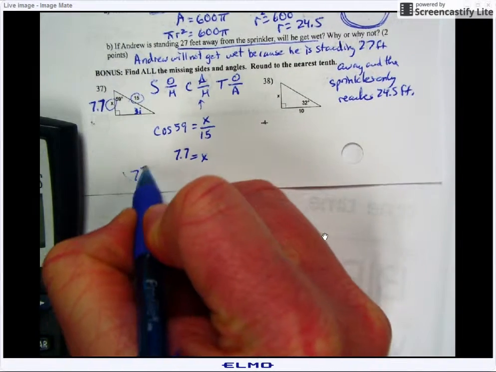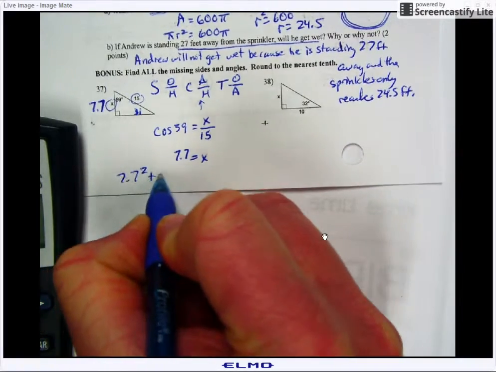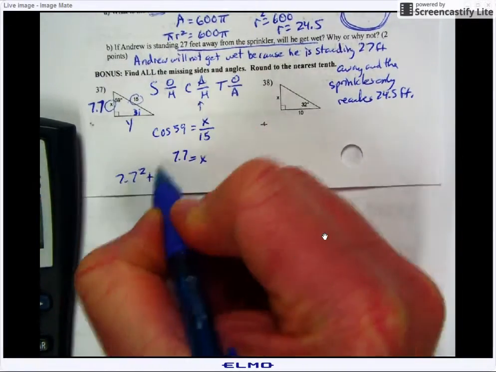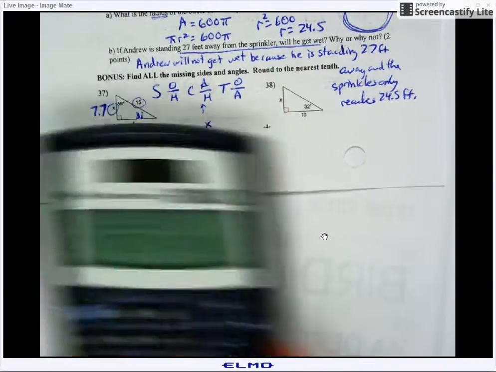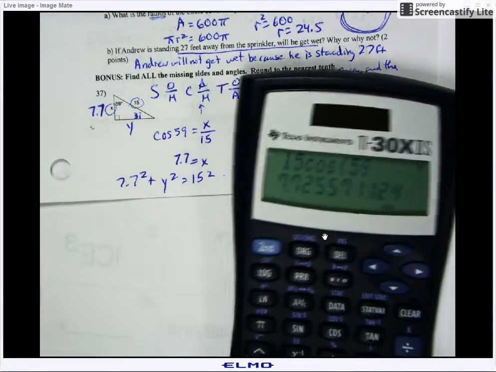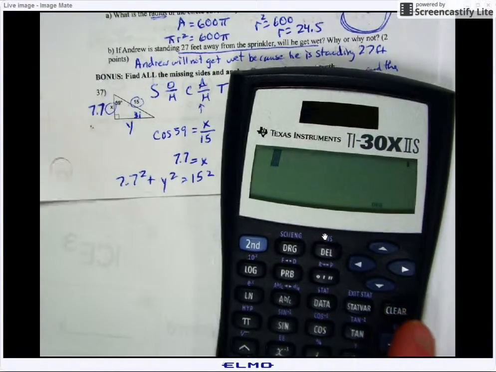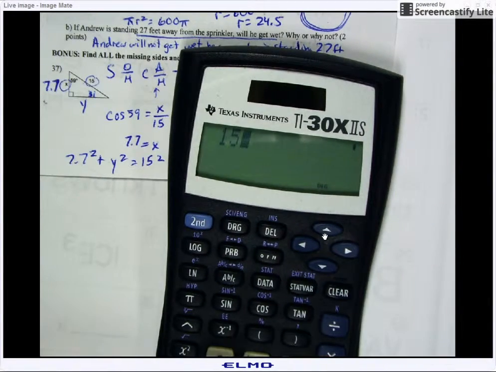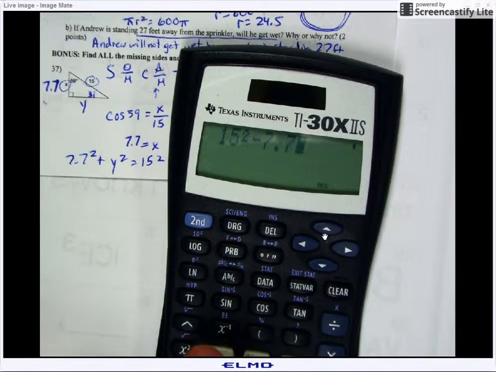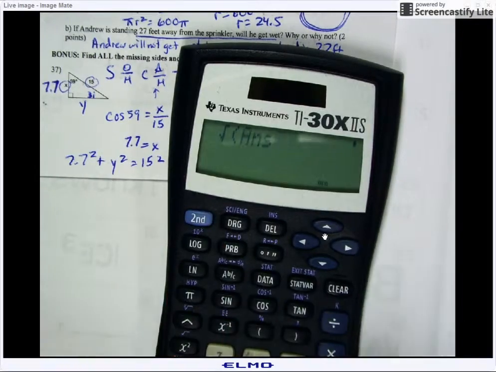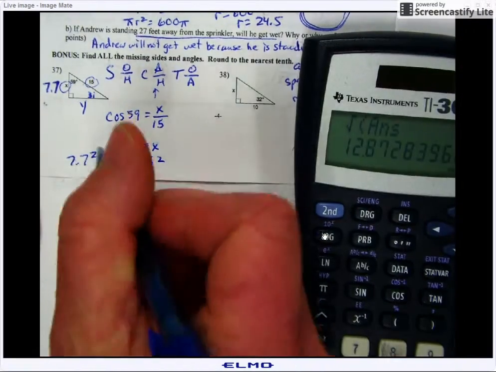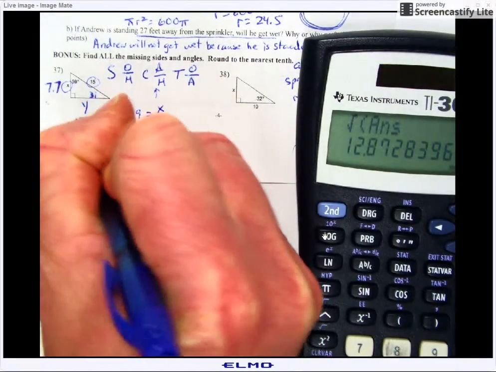So 7.7 squared plus, call this side y, y squared equals 15 squared. And we've been doing a lot of Pythagorean theorem, so this should be a pretty easy way to finish this. So 15 squared minus 7.7 squared, and then take the square root of your answer, 12.9. So that side right there is 12.9.